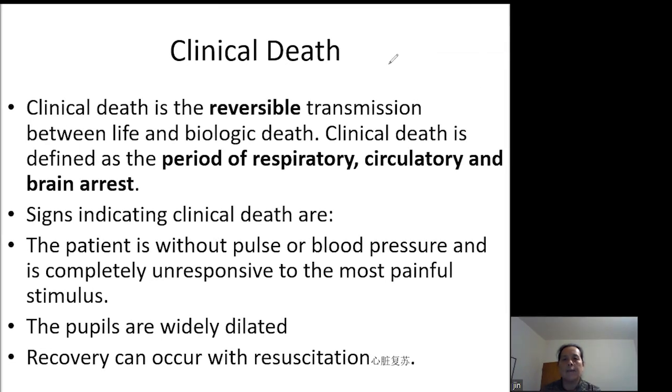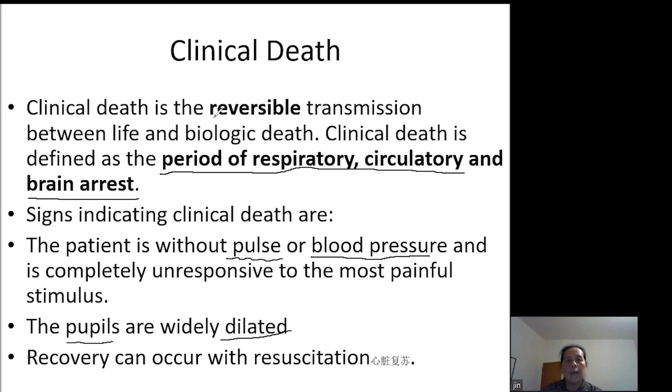So clinical death. Generally speaking, the pulse stops beating, no pulse and no blood pressure, and the pupils get wider, dilate. Basically at this time, we're talking about respiration stopped, circulation stopped, and even the brain stopped.